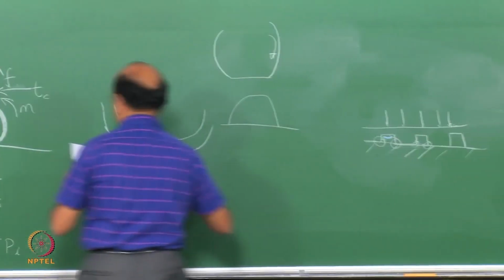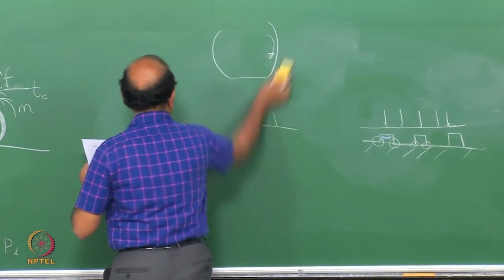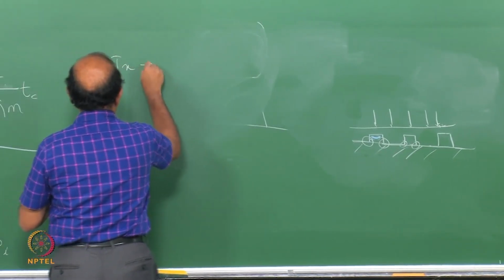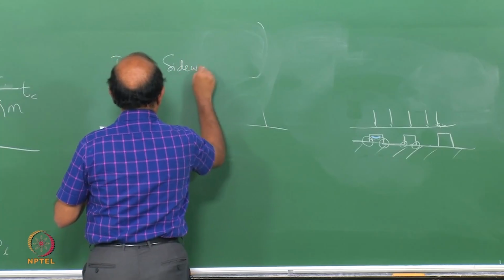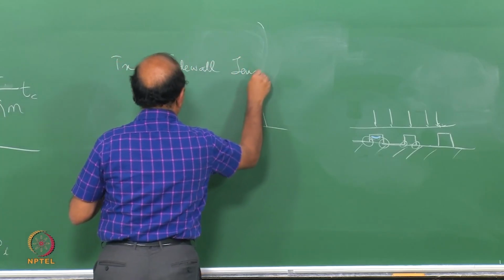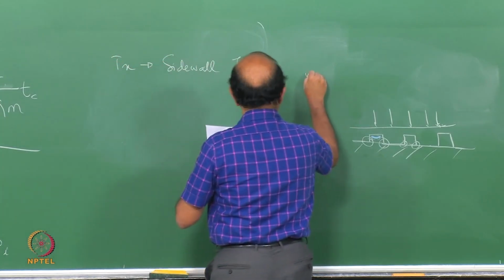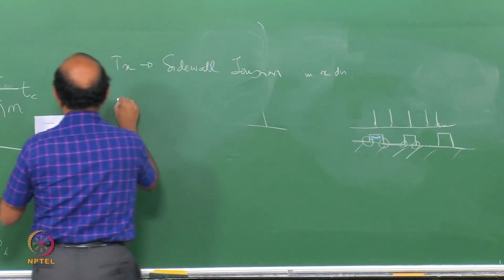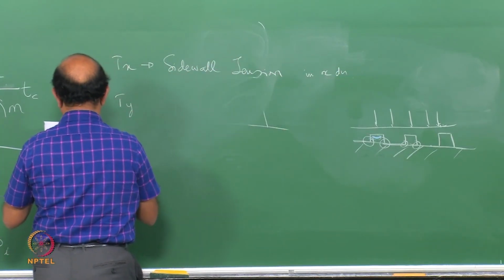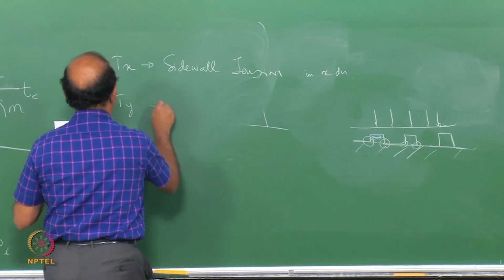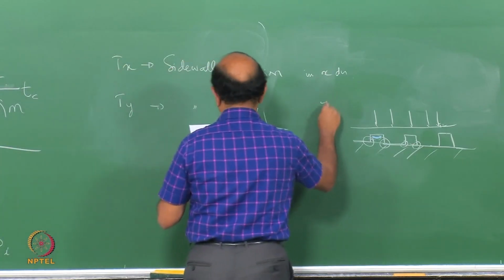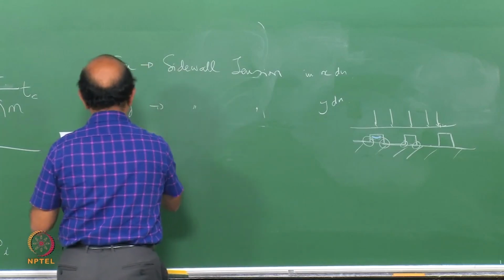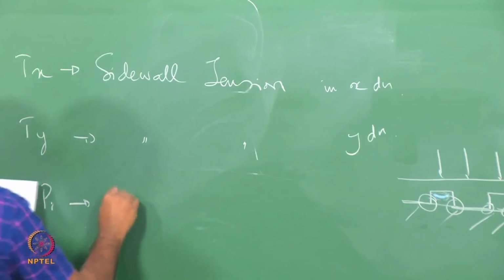Tx and Ty I had already explained. Tx is the sidewall tension in the x direction, and Ty is the sidewall tension in the y direction. Pi is the inflation pressure.